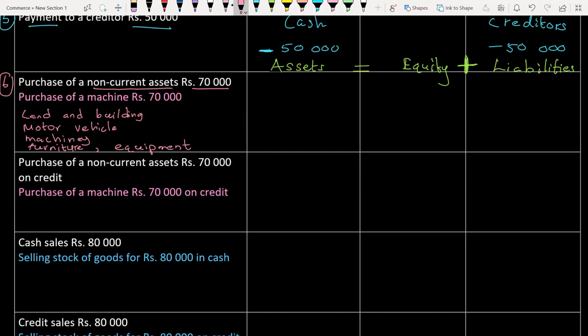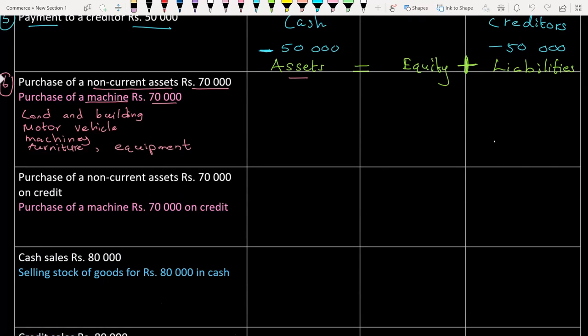So if the business purchases any of these non-current assets, what will happen to the basic accounting equation? Is there an impact on assets? Of course, because the business purchased a non-current asset here. Now let's take purchase of a machine for rupees 70,000 as an example.